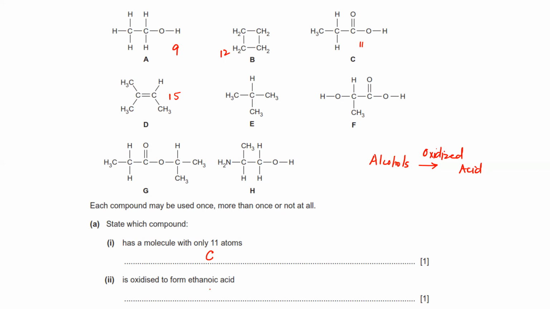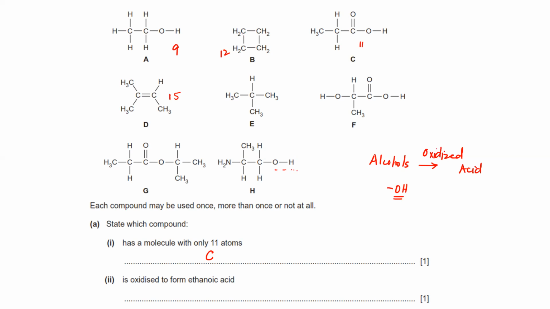So for ethanoic acid, we need to find, first of all, an alcohol. So if we see from this picture, how many alcohols we have. So we have F is an acid, C is an acid. So alcohols will have OH in the end. So we have to find something that has OH.